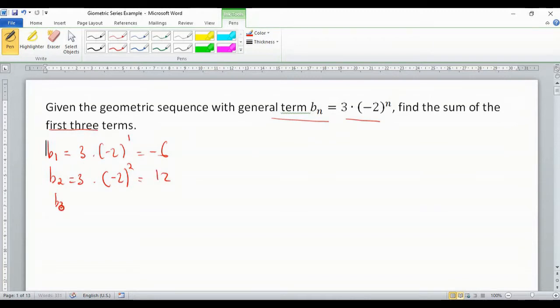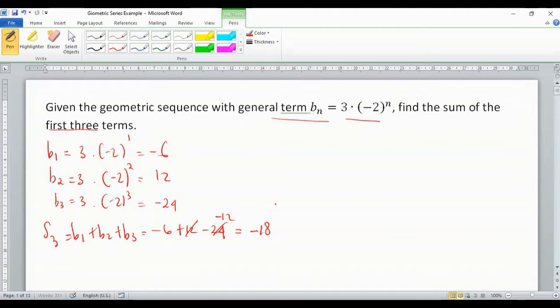How about the third term? It equals 3 times (minus 2) power 3, equal to minus 24. So from here, they ask to find the sum of the first three terms. So S3 equals the first term plus second term plus third term. So minus 6 plus 12 minus 24. So this one is equal to this one minus 12, so minus 18. So how about S100?